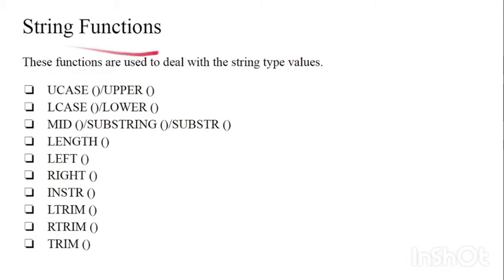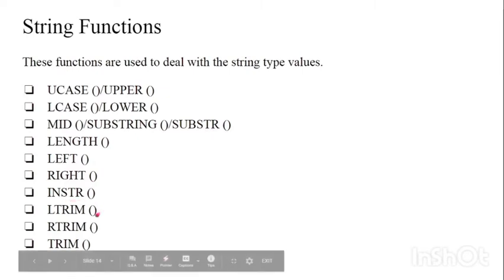We have studied math functions. Next is string functions. These are used to deal with the string type of values. They are UCASE or upper function, LCASE or lower function, mid or substring or SUBSTR, length function, left function, right function, INSTR function, LTRIM, RTRIM, trim.